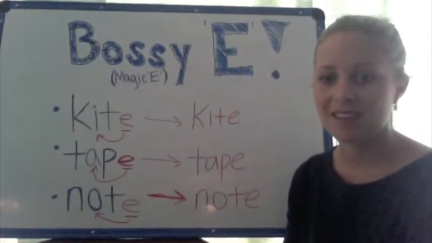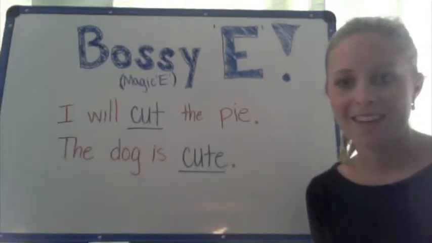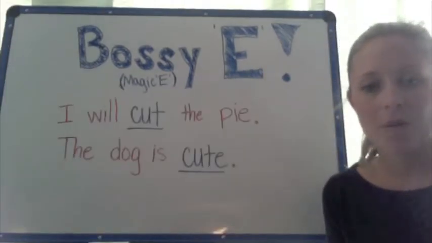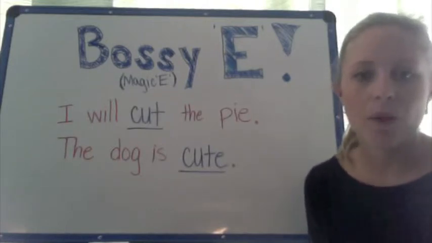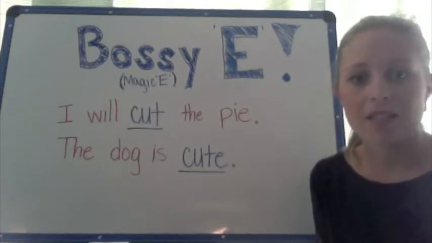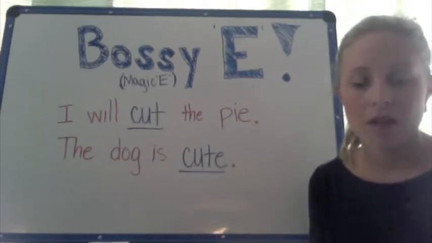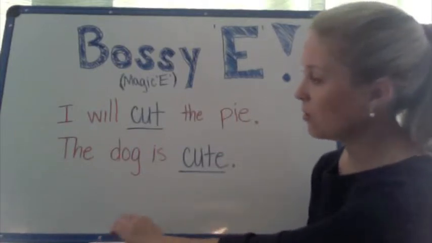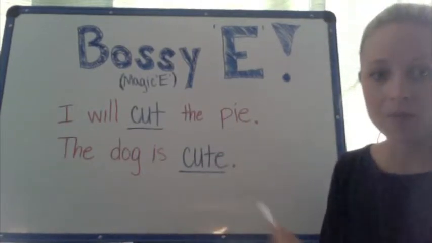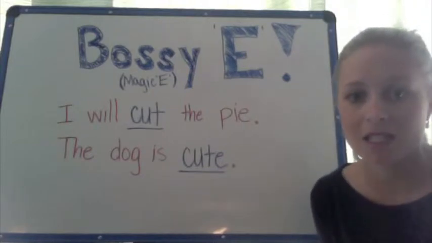Now, boys and girls, what we're going to do is we're going to read these two sentences and figure out which word is cut and which word is cute. All the other words in the sentences you know because you are great readers. So let's read the first sentence together.